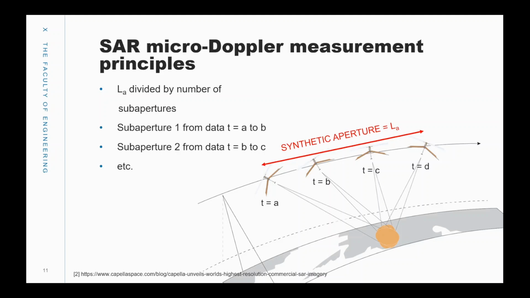We have our synthetic aperture length, LA, or LSA, and you can divide this by a number of subapertures to form different images. So you can take the data from time equals A to time equals B, and call that subaperture 1, and take time from B to C, and call that subaperture 2, and then form individual images from those to create your subapertures.